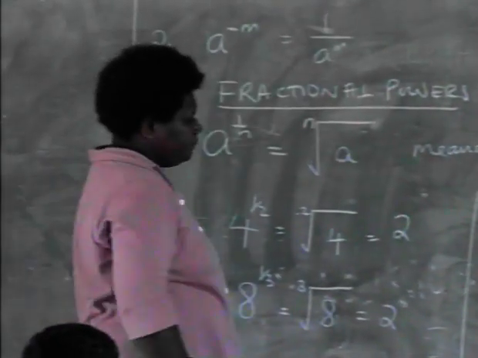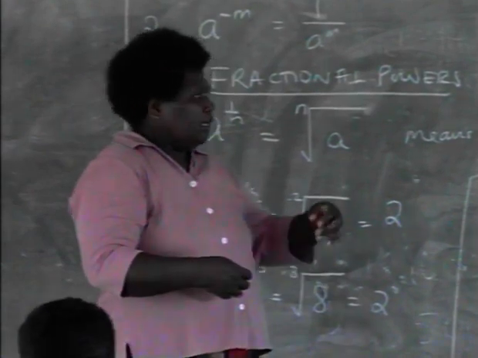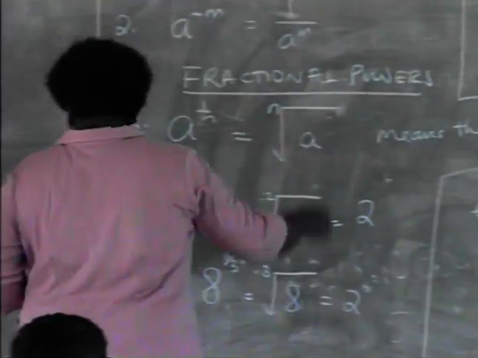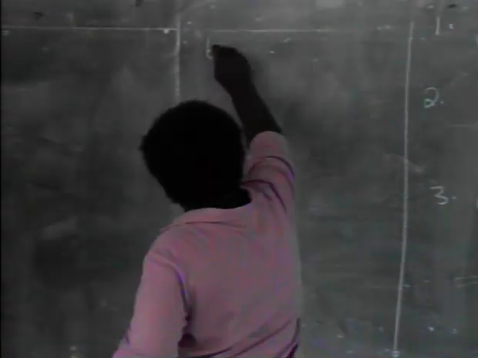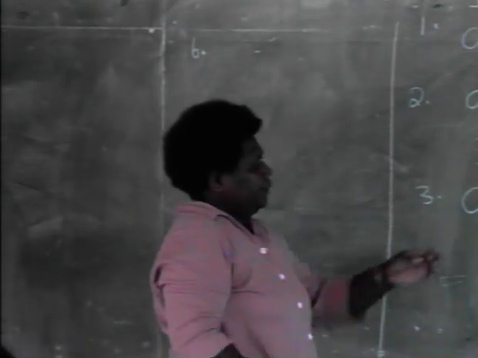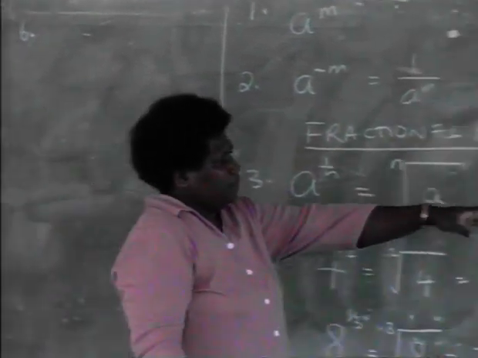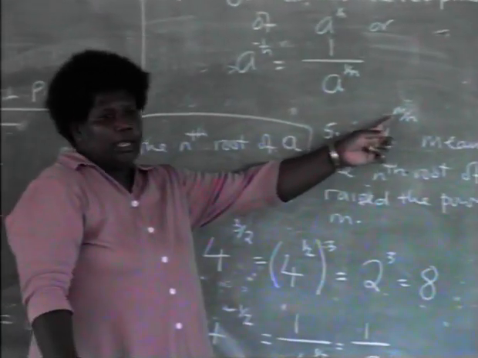Okay. Now, if you combine, I'm going to put maybe rule number 6. I'll use this one, but this time I'll put a negative number here.